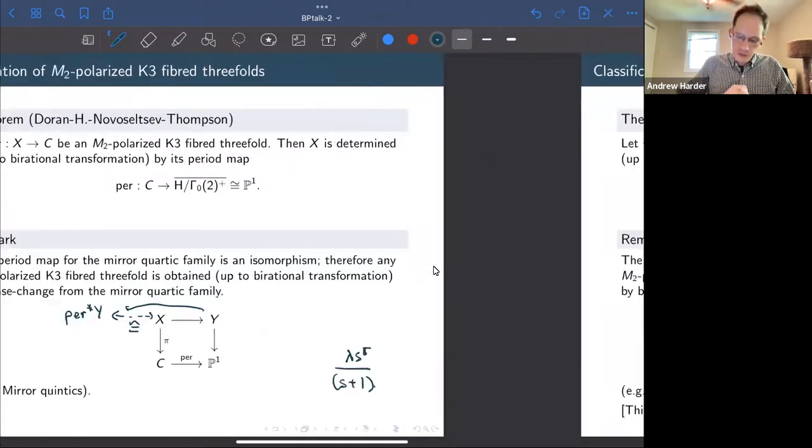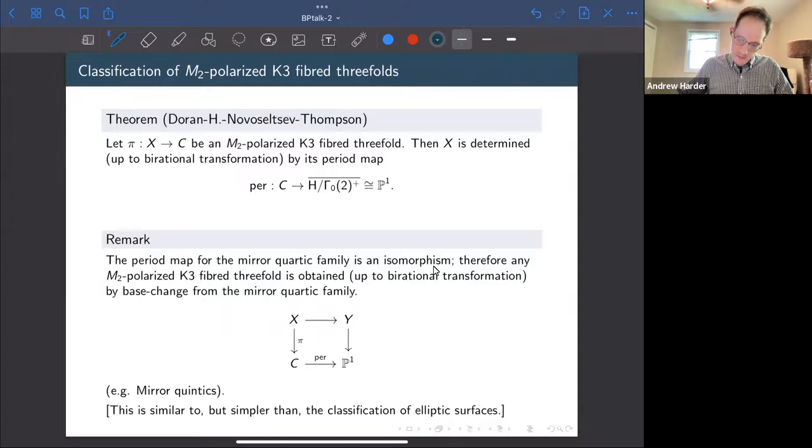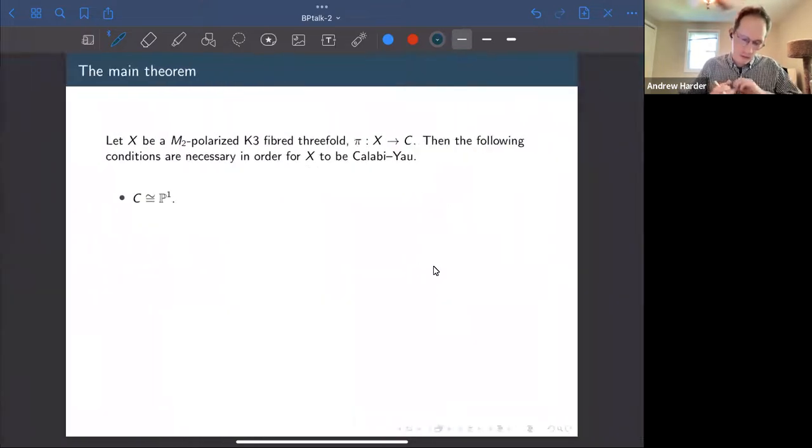Okay, so this leads us to the following main theorem, the theorem that I want to talk about today. It says that if I have an M2 polarized K3 fibred threefold, then I have necessary conditions for X to be Calabi-Yau.